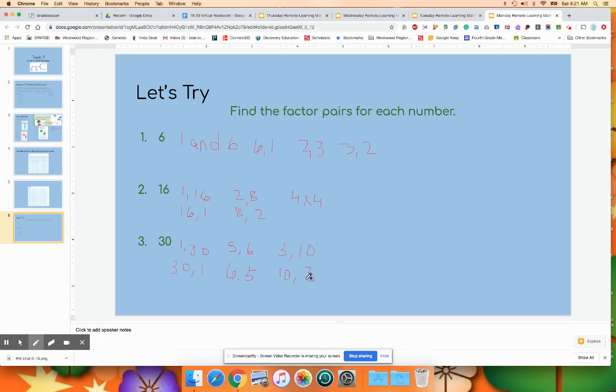I also know that 30 is an even number, so 2 has to be a factor, 2 times something. And I already hear so many of you saying 2 times 15, and then turn it around, 15 times 2. So that one had a lot.